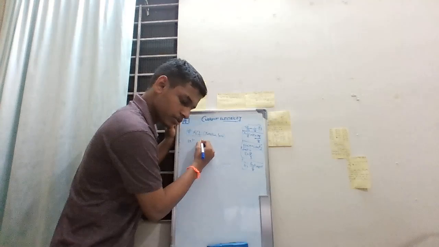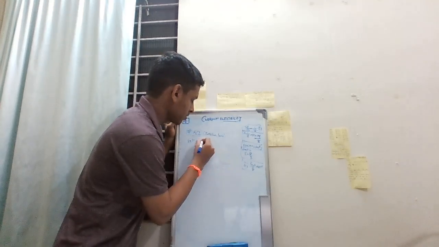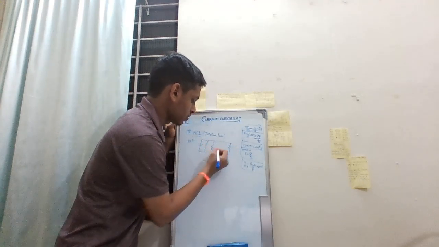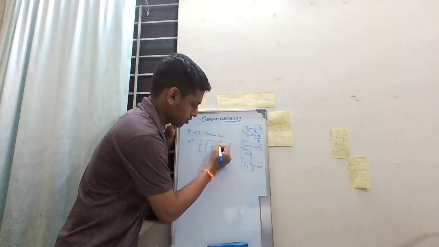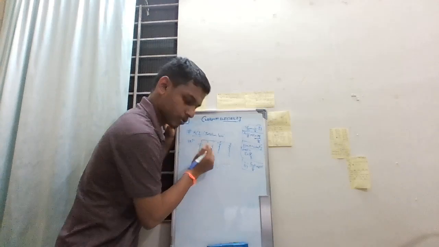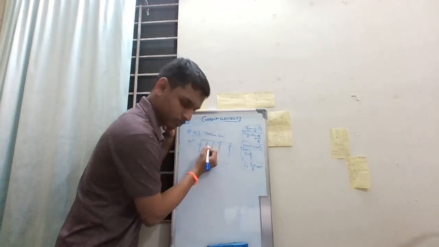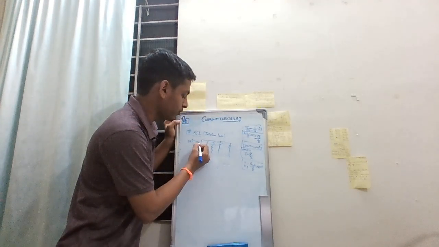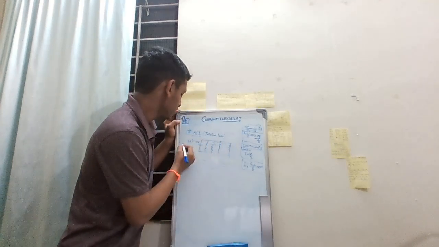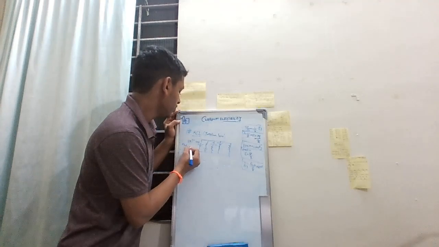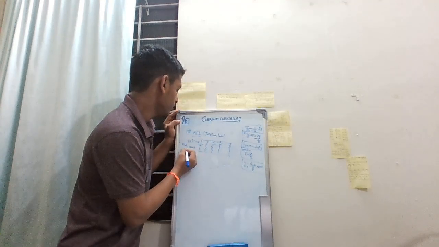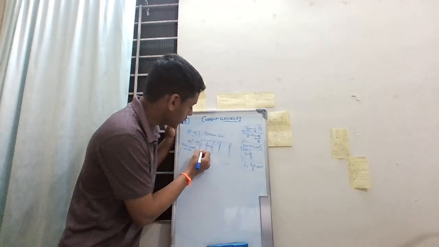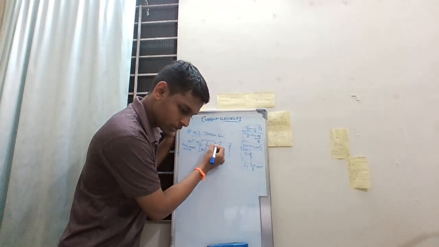Example. In such types of questions, if the question is to find the current across the external resistors, here we have 100 volts, 60 ohms, 40 volts, 30 volts, 20 volts.